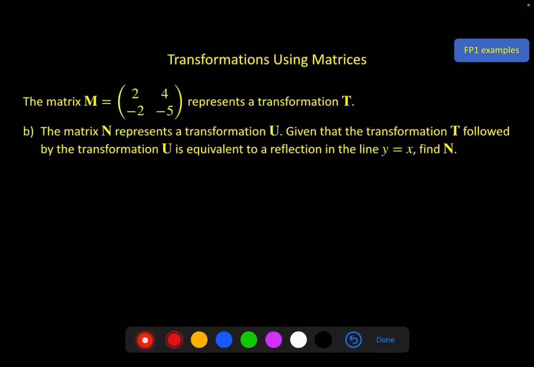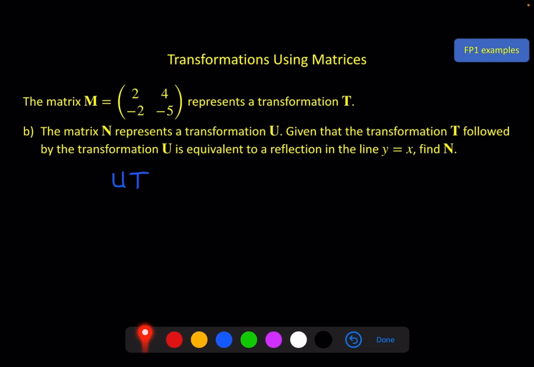Part B, the matrix N represents a transformation U. So again, these two things are effectively the same thing, but we're calling this the transformation, and we're calling this the matrix representing that transformation. Given that the transformation T followed by the transformation U, so that's T first followed by U, is equivalent to a reflection in the line y equals x, find N. So this is where the notation might get a bit confusing.